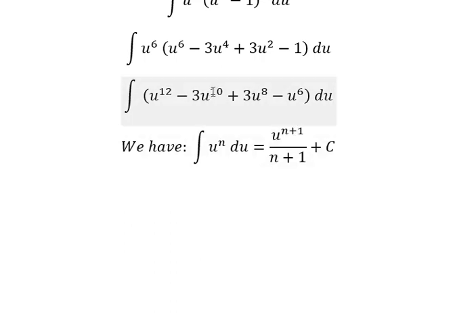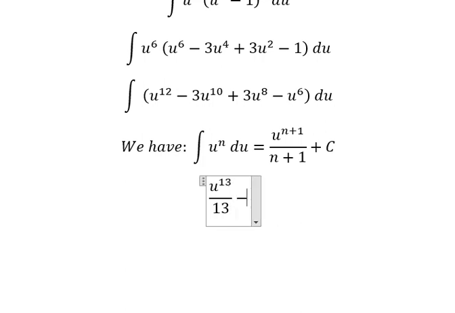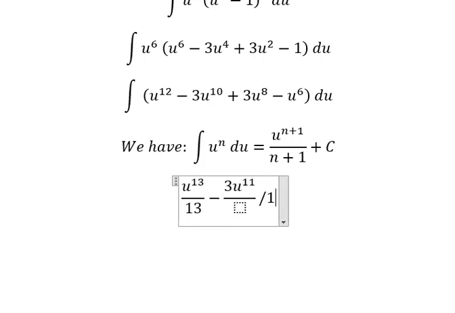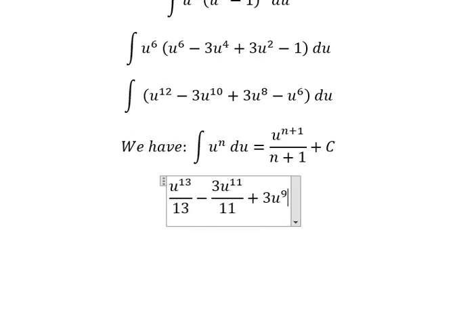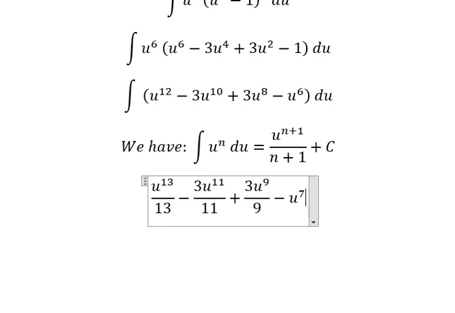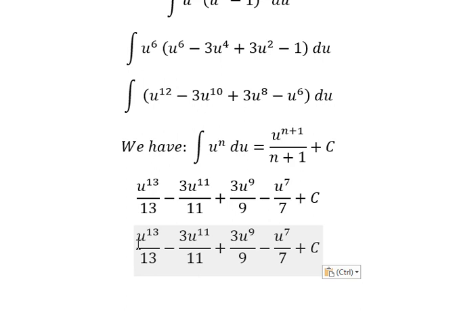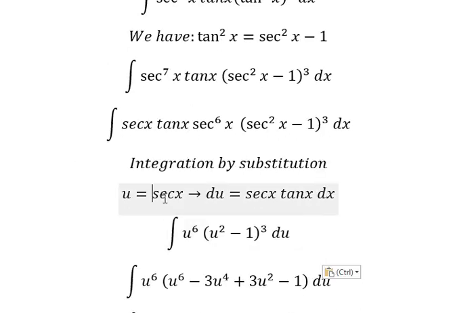We can do similar for number 10, number 8, and number 6. About u, that is about this one.